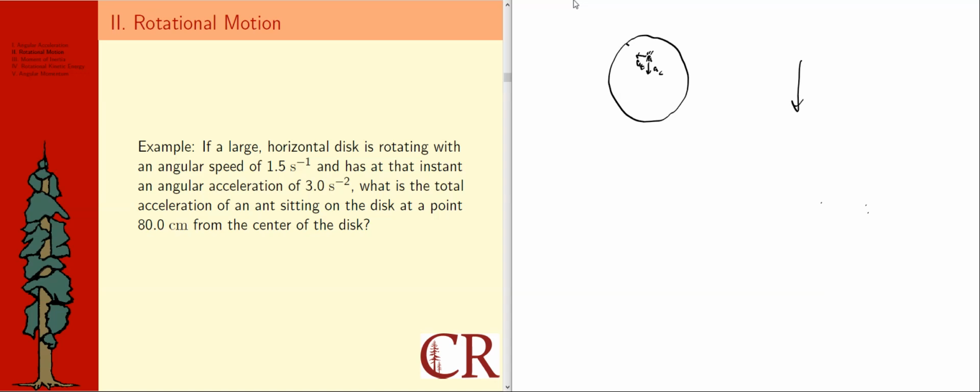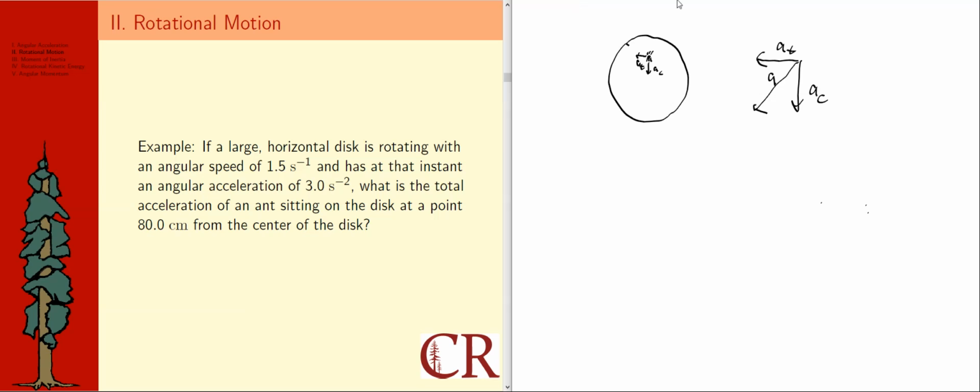So let me draw a bigger picture of those two accelerations I just drew for the ant there. They're super small right there, right? So we're talking about a centripetal acceleration that I drew down and somewhat horizontally, and this tangential acceleration, and what I think should happen here is that the total acceleration should be the sum of these two.